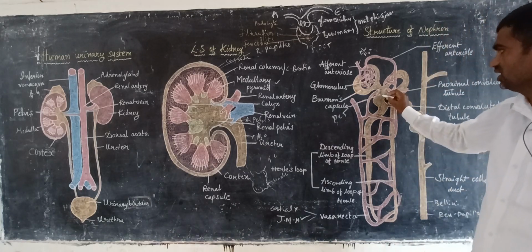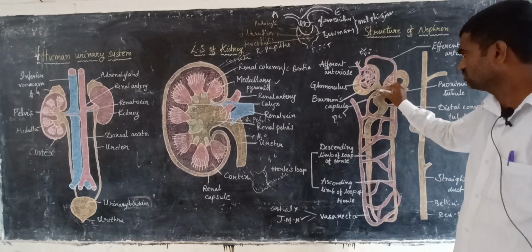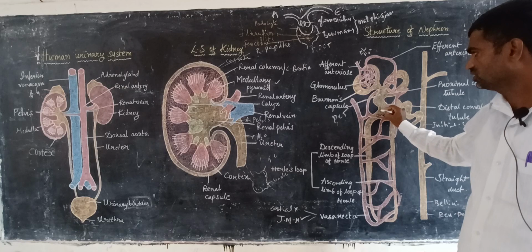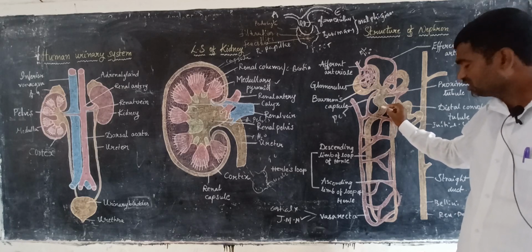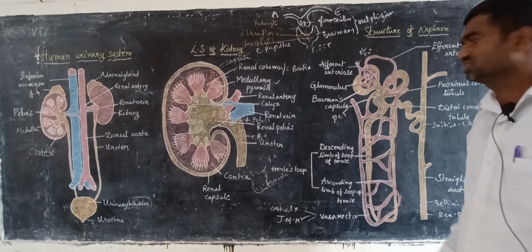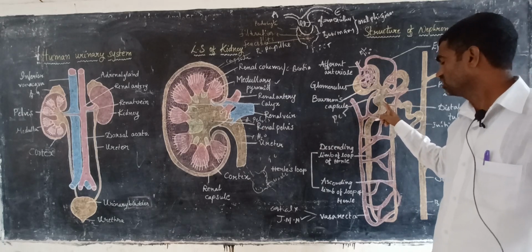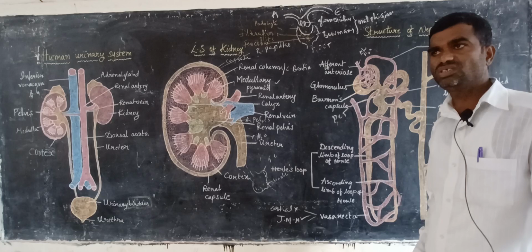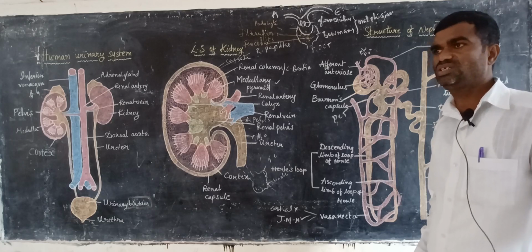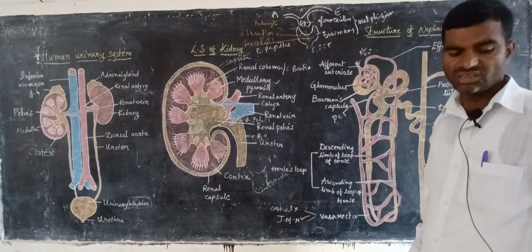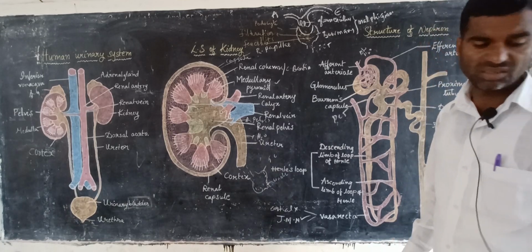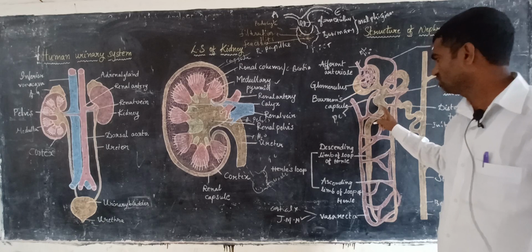See here in this diagram, from Bowman's capsule comes the PCT, the proximal convoluted tubule. In this part they are reabsorbing H2O molecules, whatever they need, sodium, chloride and potassium, etc. Whatever they need, they are reabsorbing; the tissue is absorbing again.